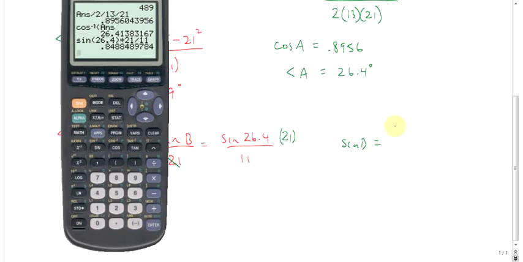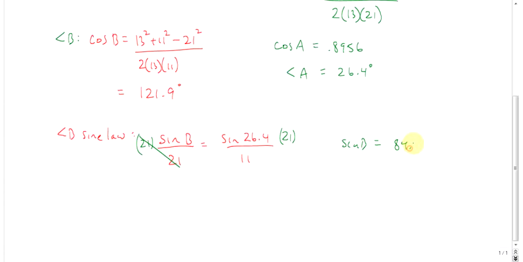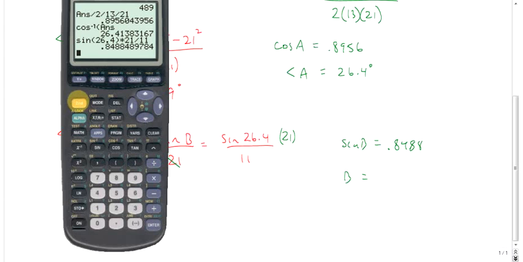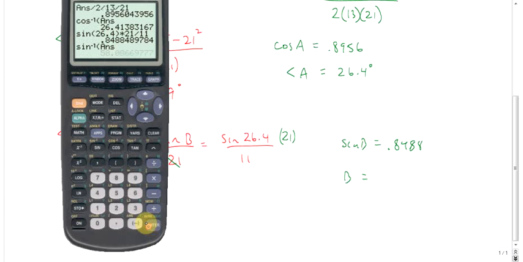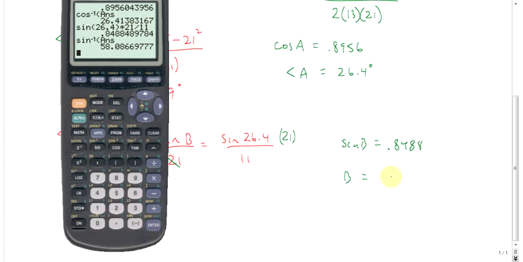That is 0.8488. So for angle B, I have to take the inverse sine of that. Inverse sine of the answer is 58.1.